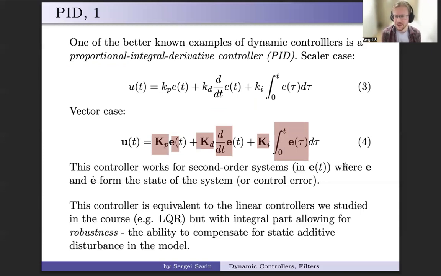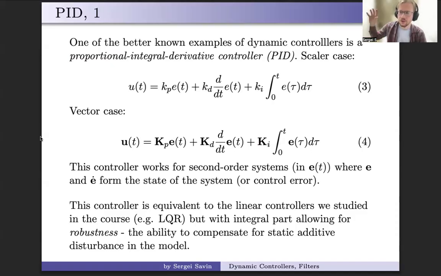Now, this controller specifically is designed mostly for second order systems. The reason is exactly the same as why the PD controller is designed for second order systems. Because for second order systems, especially mechanical systems, usually the highest derivative, the second order derivative, you can basically write as y double dot equals something times y dot, something times y, plus u.